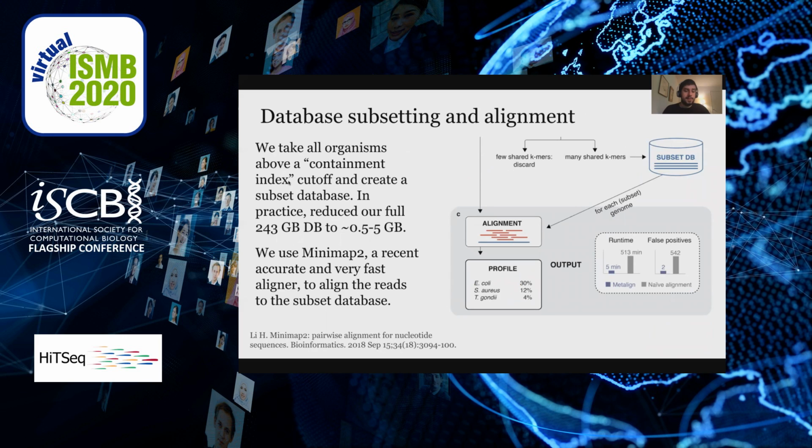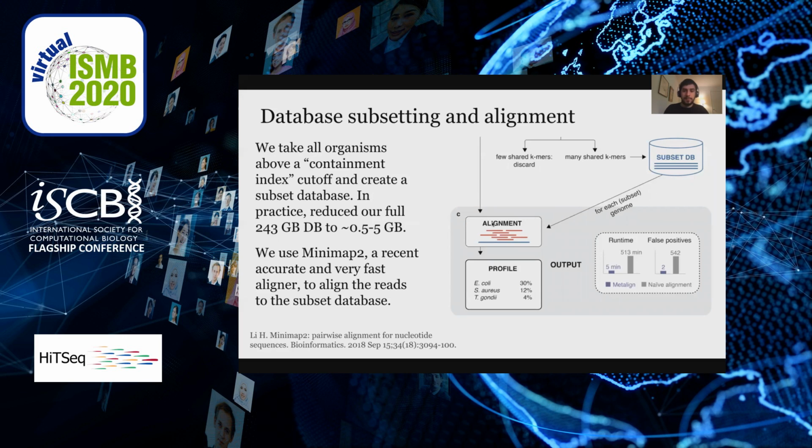And in practice, doing so reduced our full database, which was 243 gigabytes compressed, to about half a gigabyte to 5 gigabytes, depending on the diversity of the sample in question. So this can really dramatically reduce the size of the subset database.